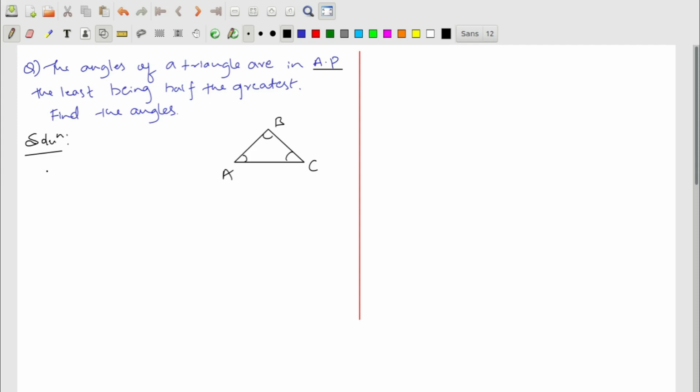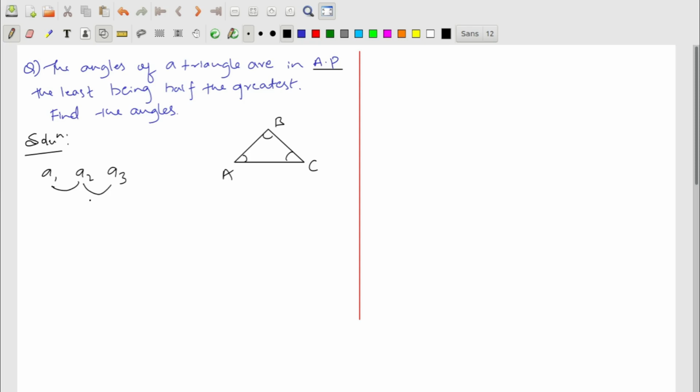So here, if they are in AP, let me take it as A1, A2, and then A3, right? So we know in AP, the common difference will be same. That is A1 minus A2 or A2 minus A1, A3 minus A2, fine.